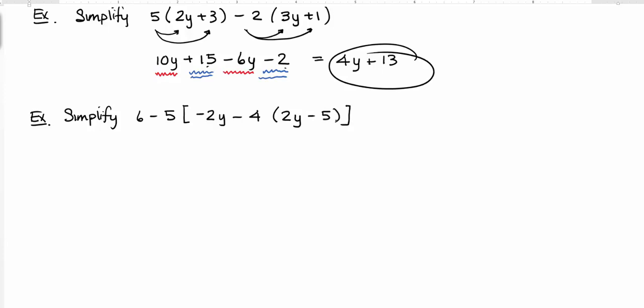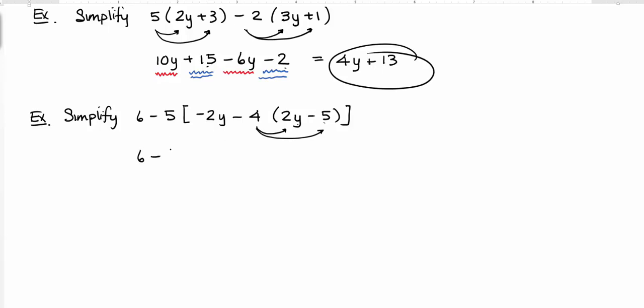Again, our order of operations tells us to go to the innermost set of parentheses and see if we can do anything there. Well, we have 2y minus 5, and those aren't like terms, so I can't do anything. So what I'm going to do is get rid of that by distributing this negative 4 outside.